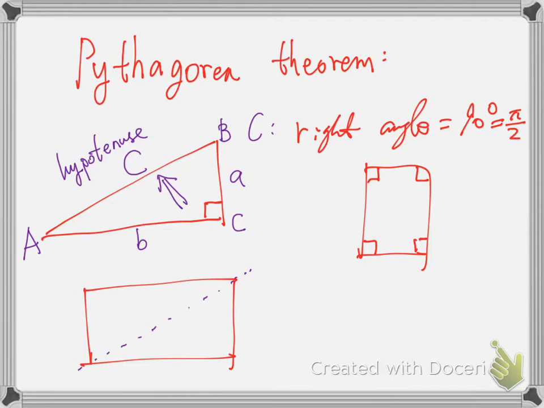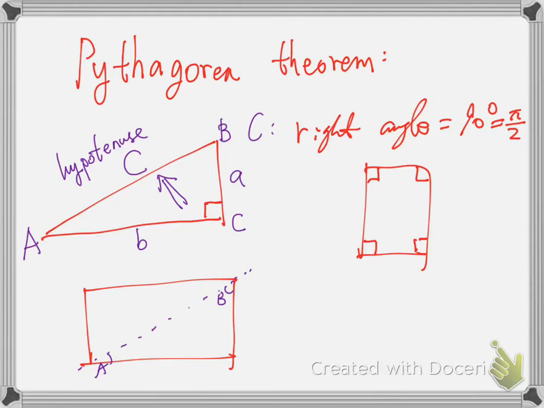So angle A and angle B are both acute angles, less than 90. For a right triangle, we have one 90 degree angle and two angles which are less than 90.